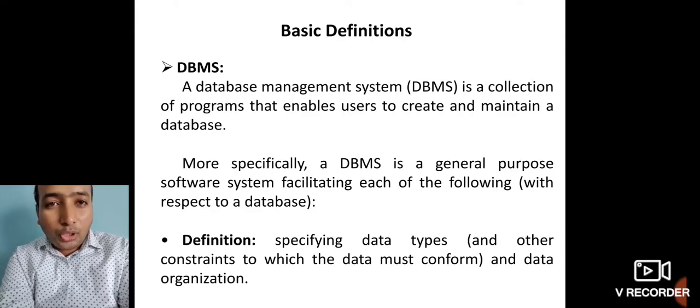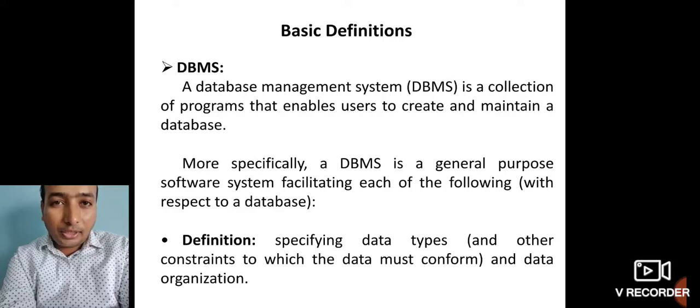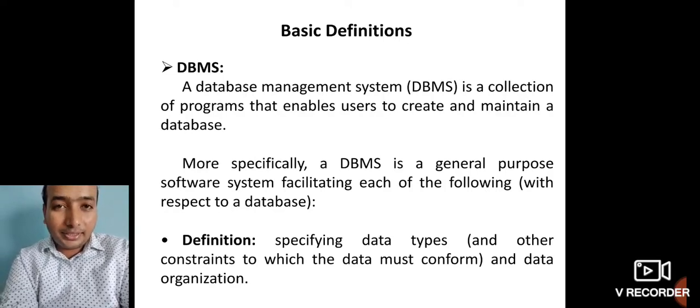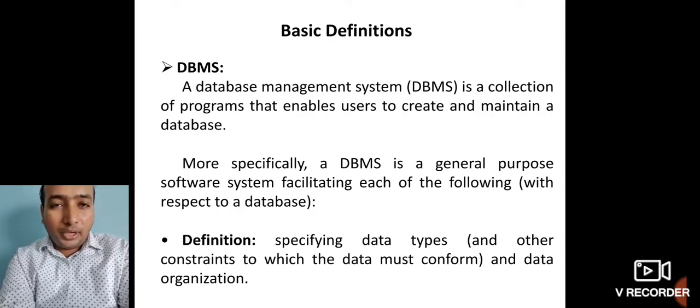That is, it is going to do different activities, or have different functionalities, and every functionality is with respect to your database itself. So now, dear students, let us see what all the functionalities a database management system should possess. To start off, here we are going to specify some data types.